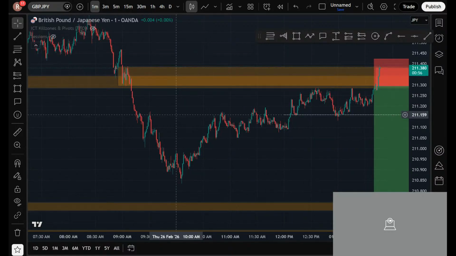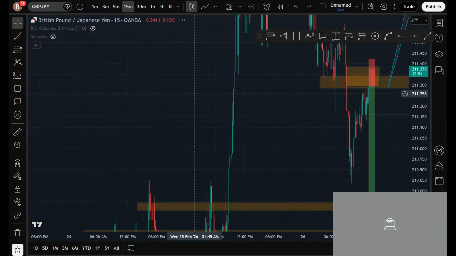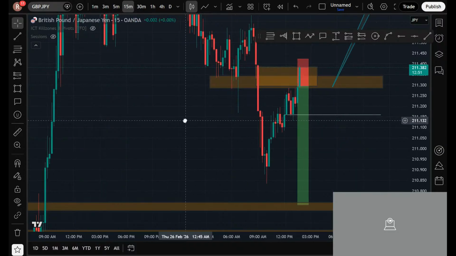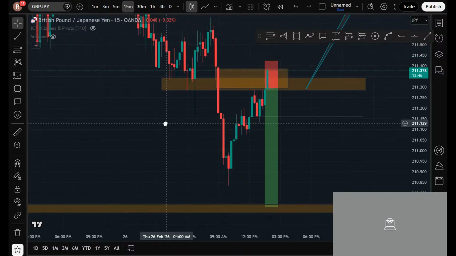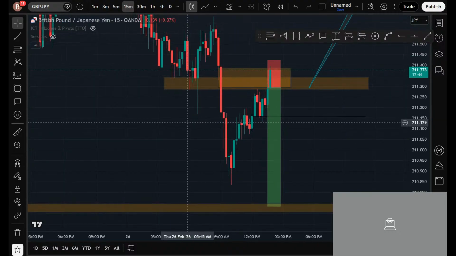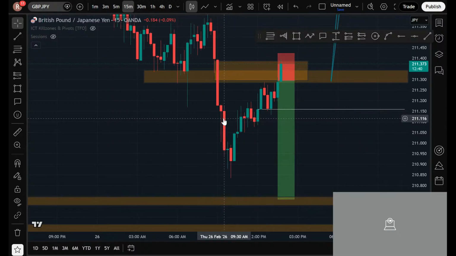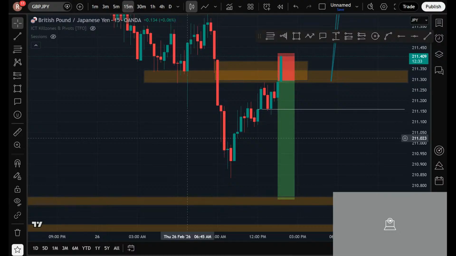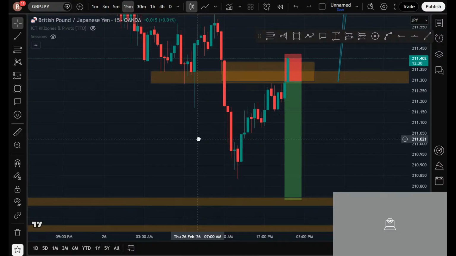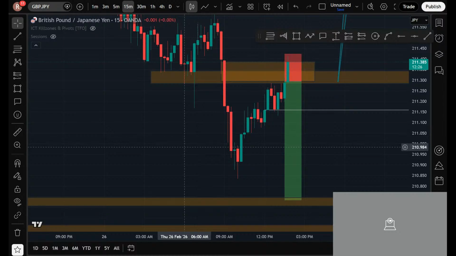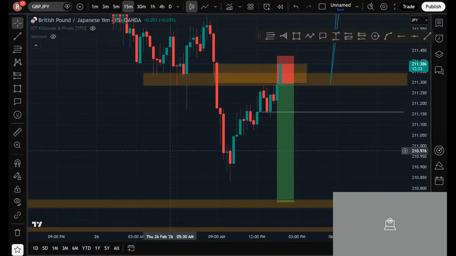Hopefully the order flow will be protected. If this order flow is protected, it's good, but I don't think it will be protected. Let's see how it plays out.